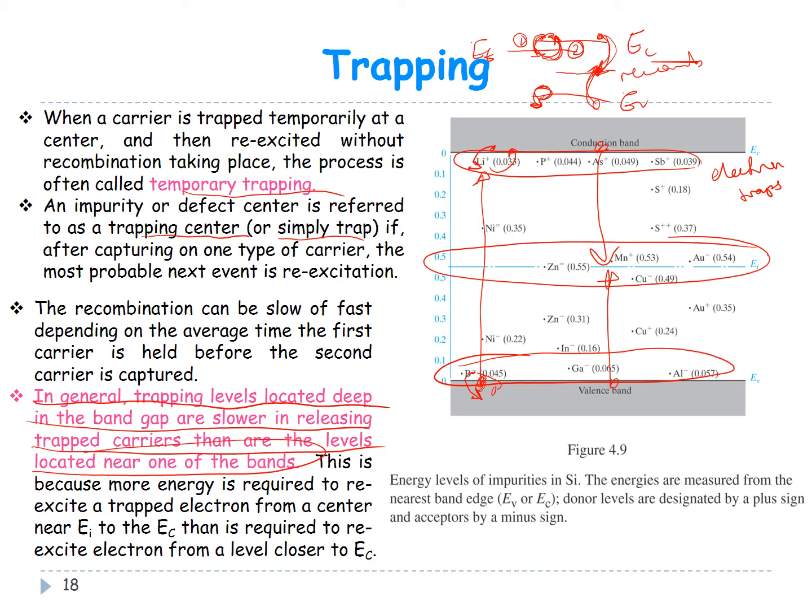So what this simply means is, if you have two traps, for example, tin here and sulfur here, tin is going to be much faster at releasing the trapped electron than sulfur, because you need less energy to re-excite the electron in the case of tin compared to sulfur.